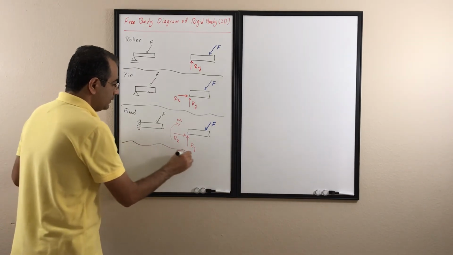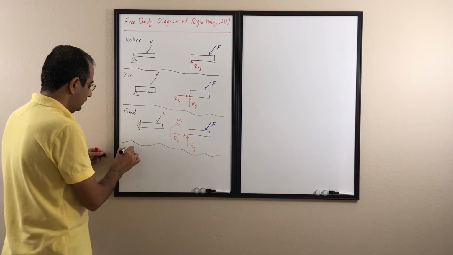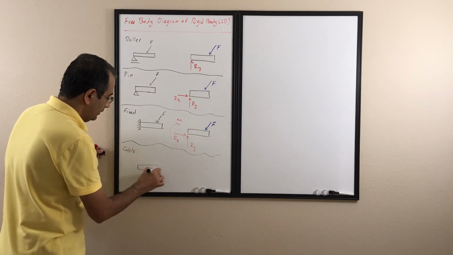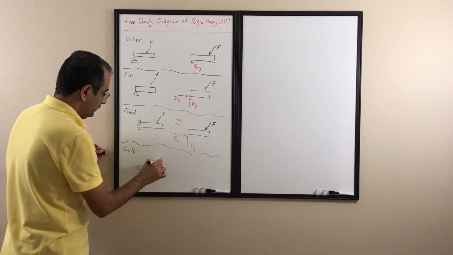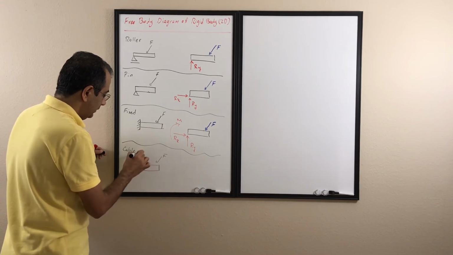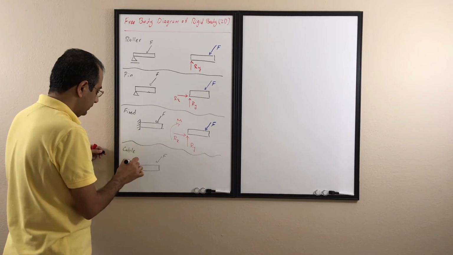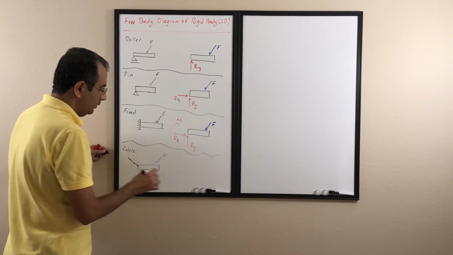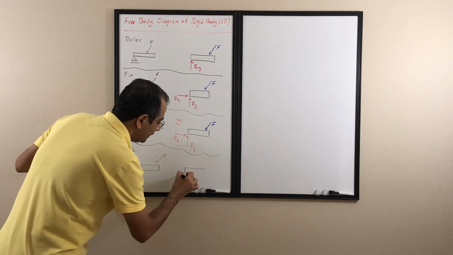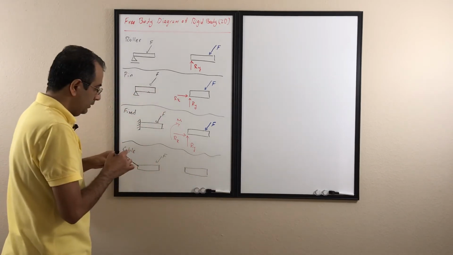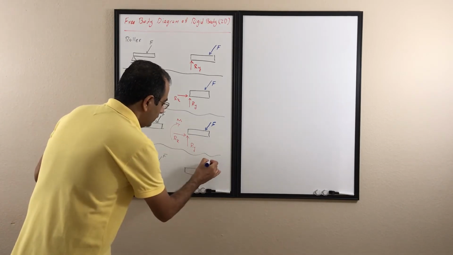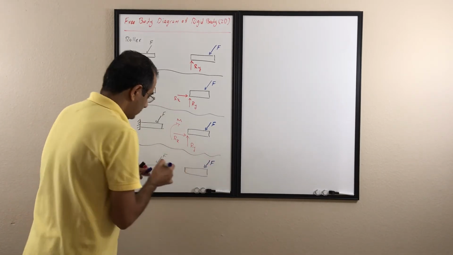The other case that we sometimes may have is a cable. If we have an object, for example, with a force on it, and it's held by, let's say, a cable at this point. The cable is like that. Again, we draw the object, and we draw the external forces on that object.